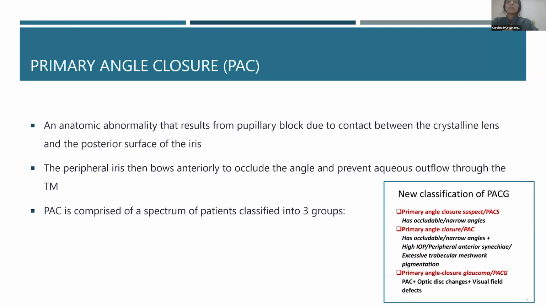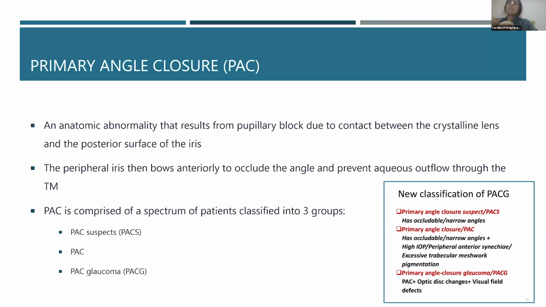Primary angle closure is comprised of a spectrum of patients classified into three groups. First, PAC suspects: the angle is occludable, with narrow angles. Second, PAC: occludable, narrow angles with high IOP, peripheral anterior synechiae or excessive trabecular meshwork pigmentation.